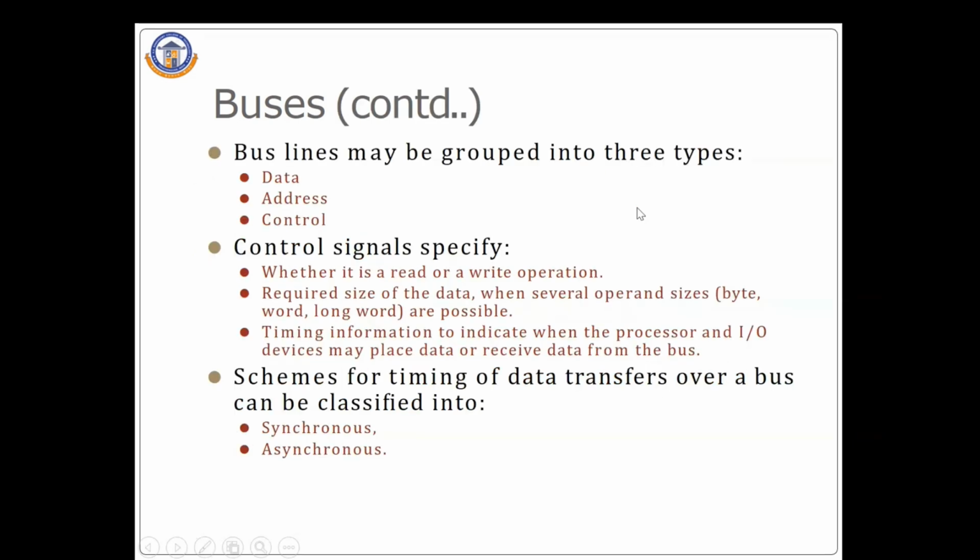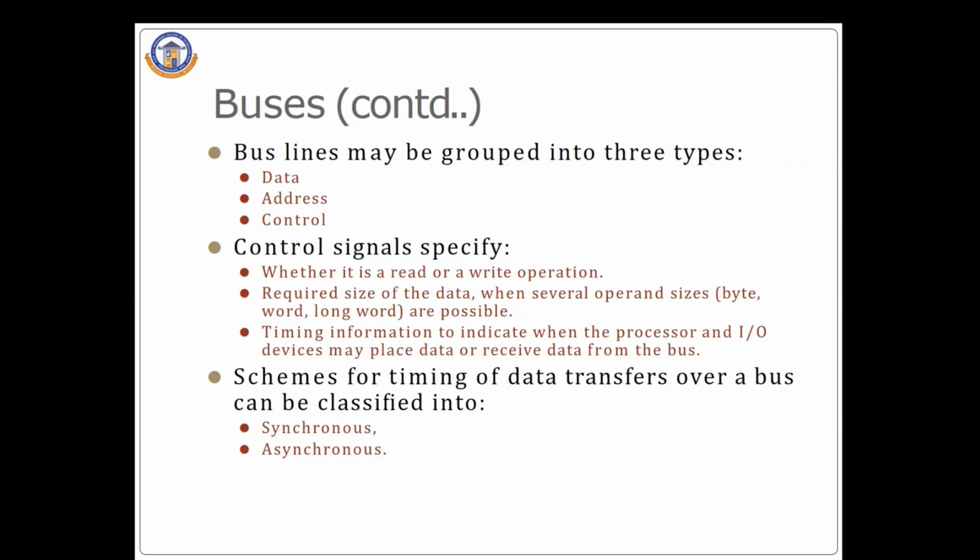As I said, we have three types of bus: data bus, address bus, and the control bus. What will be the control signals? The control signal is whether we have to read the data or write the data. The required size of data, and the several operand sizes, can also be given as a control signal.